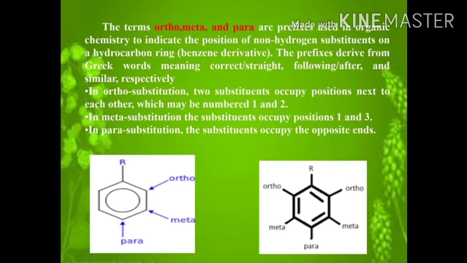In para substitution, the substituents occupy the opposite ends. Same or different groups of atoms are present on opposite sides of the benzene ring, that is called a para substitution compound.